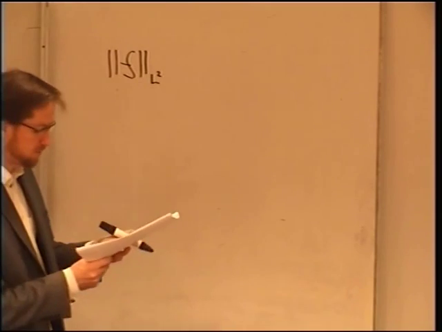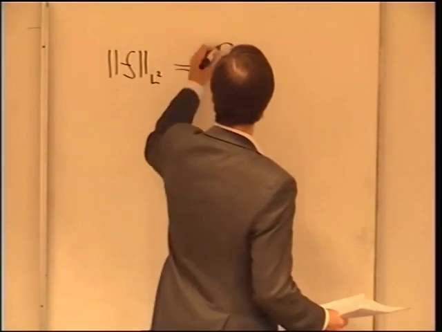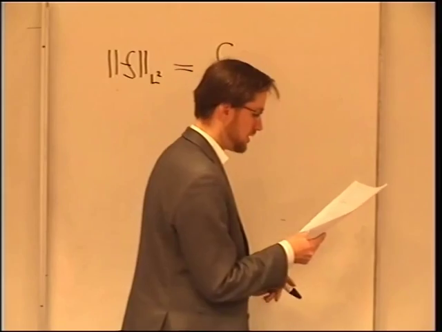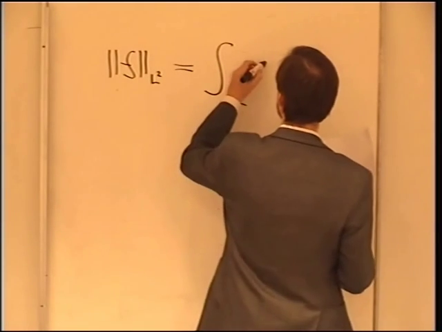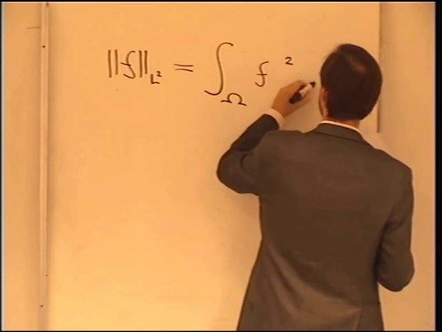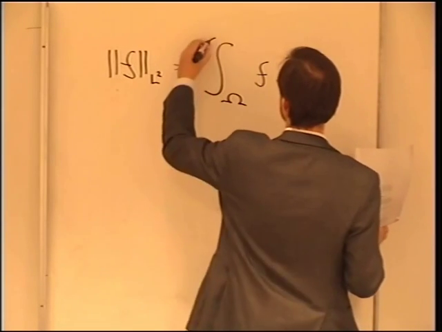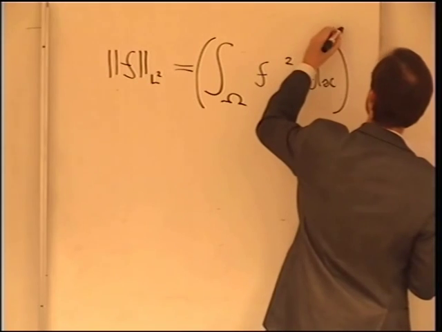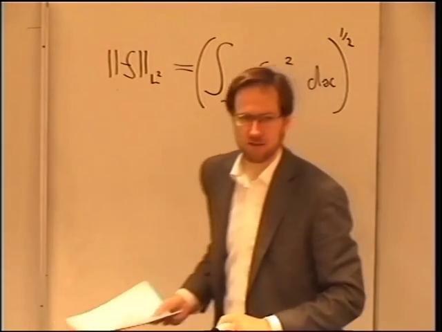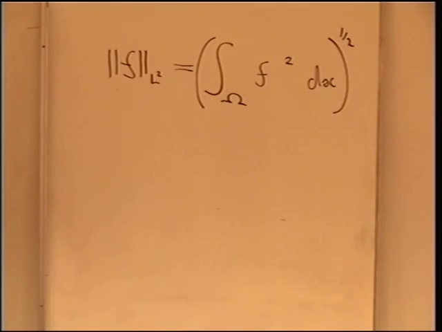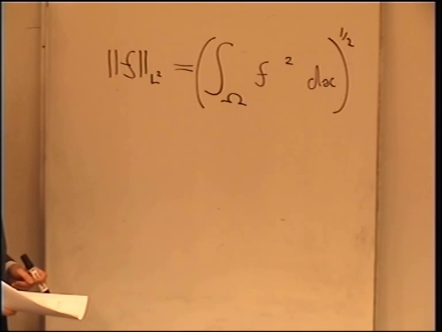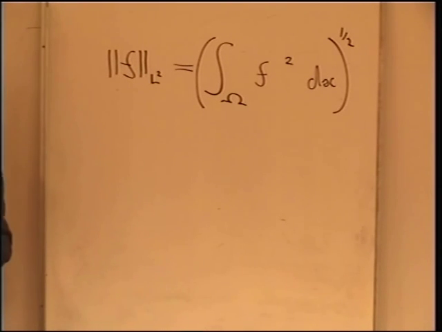That norm of a function is the integral over whichever domain we're currently interested in of the function squared dx, and we take the square root of it, or, for reasons that are about to become very obvious, I will choose to write that as a power of a half outside there. It turns out that not only is that a norm, but it's a norm if we replace 2 by any other positive number.